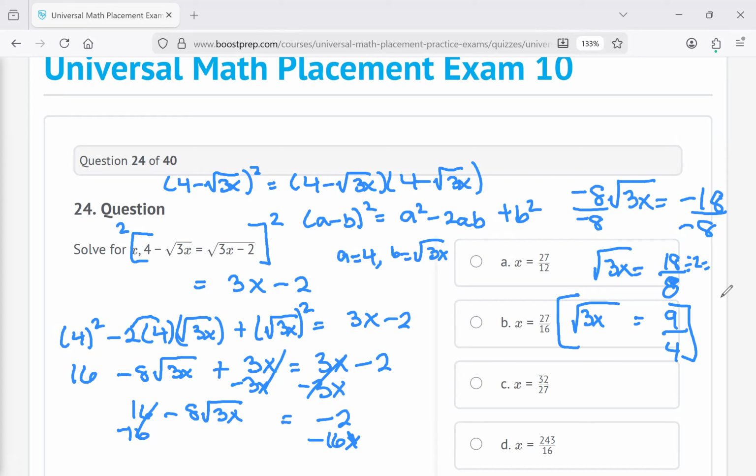Then you square both sides. Over here, when you square the radical, it just disappears, so we're left with 3x. And here, 9 squared is 81, 4 squared is 16. Then solve for x.